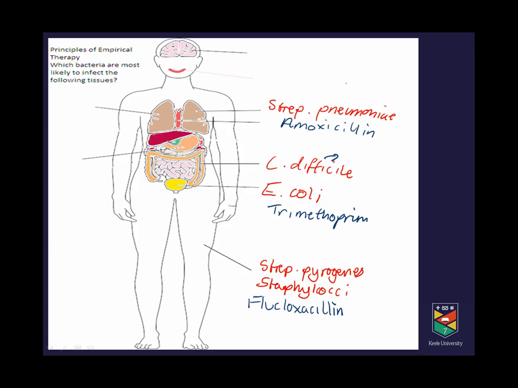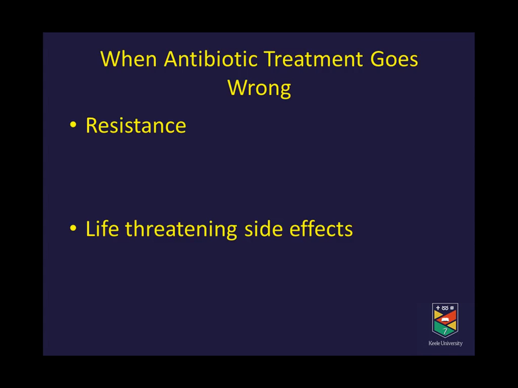Well, it's an anaerobic bacteria, so you use metronidazole, which is the drug of choice for treating any anaerobic infections. So you may often see it used for mouth infections because your mouth is most often colonised by anaerobic bacteria as well. Okay, so that's a brief guide to empirical therapy. We'll do more about it in the workshops.